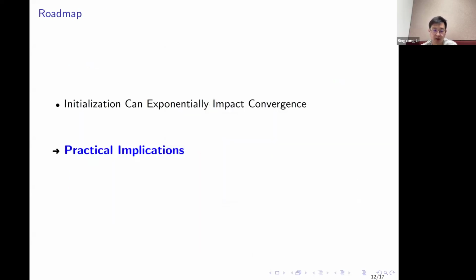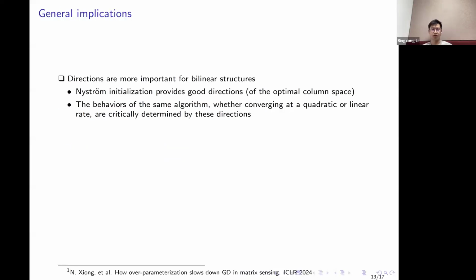Now in the second part, I want to use the intuition that we get from the theory to guide our fine-tuning procedure with LoRA. So what do we learn from our theoretical derivation? Essentially, directions are more important for bilinear structures or for BN factorization.